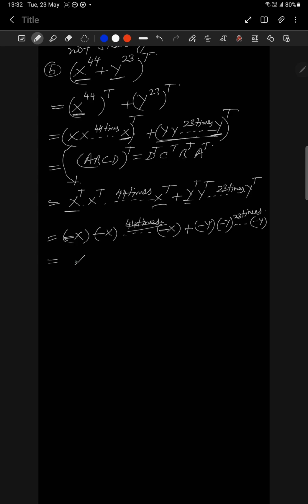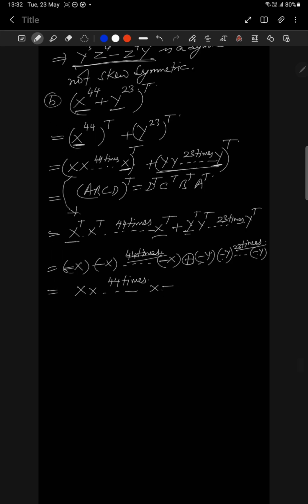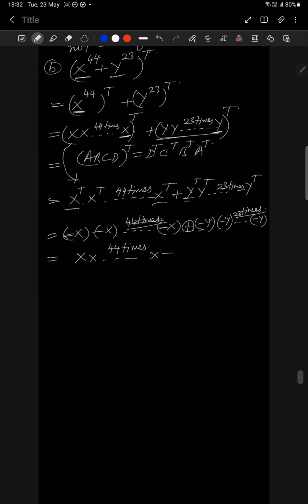So this will become x 44 times, and over here 23 number of times minus sign appears. So in place of this plus we can write minus, and this becomes y into y into y, and this will be 23 times.